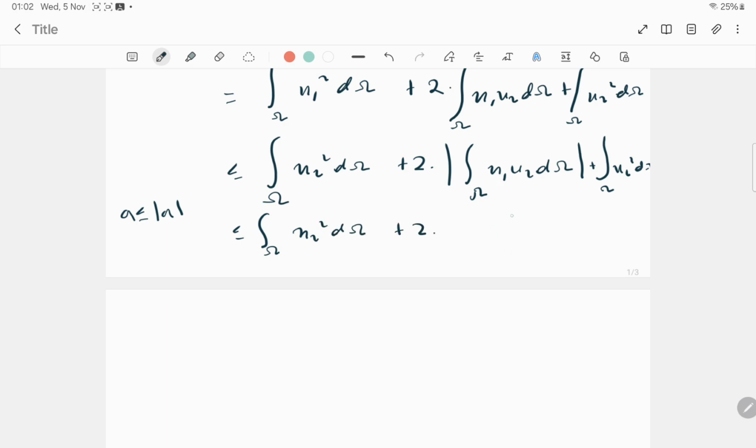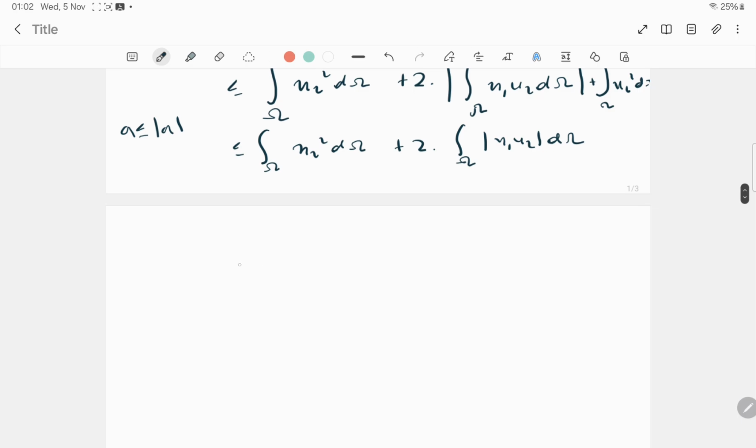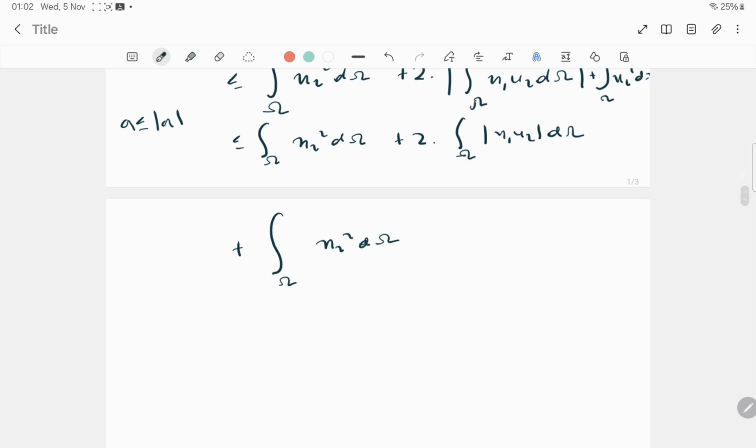And then we have the triangle type inequality for the integral over omega of U1 U2 in absolute value d omega plus the integral over omega of U2 squared d omega.